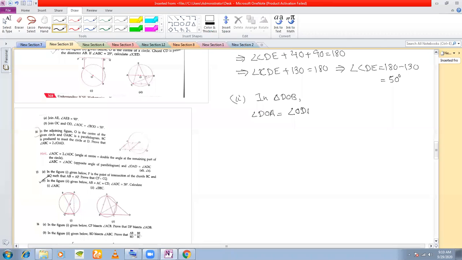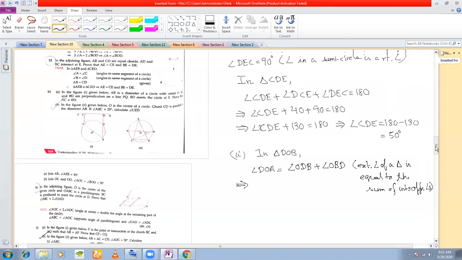Angle ODB, the red angles, plus angle OBD. Why? Because the exterior angle of a triangle is equal to the sum of its interior opposite angles. So that means what is angle DOA given?